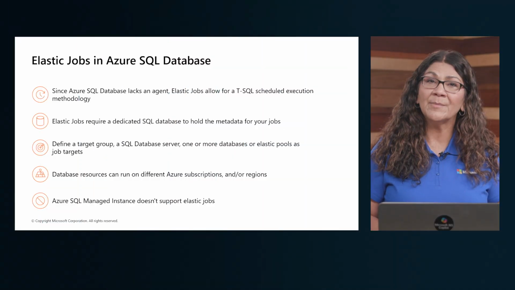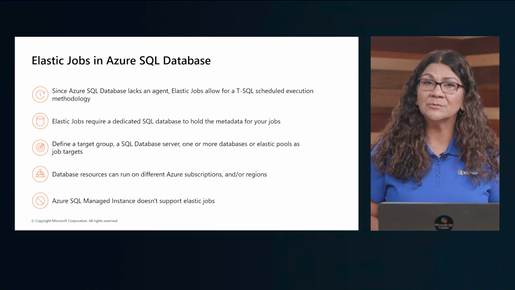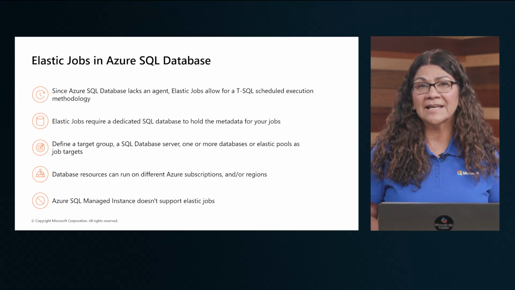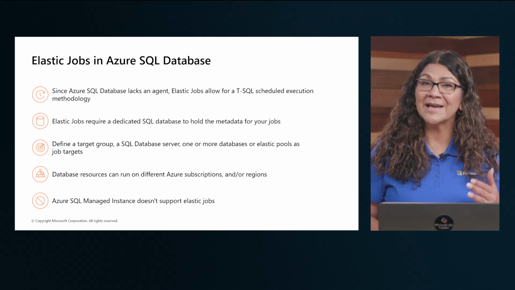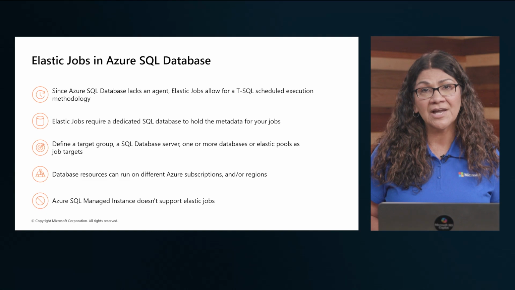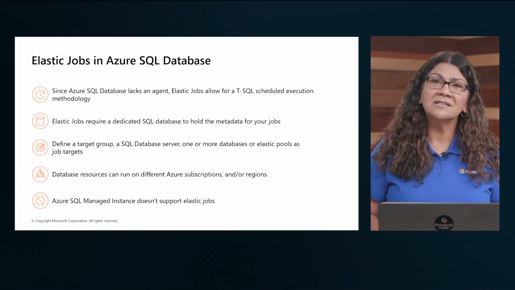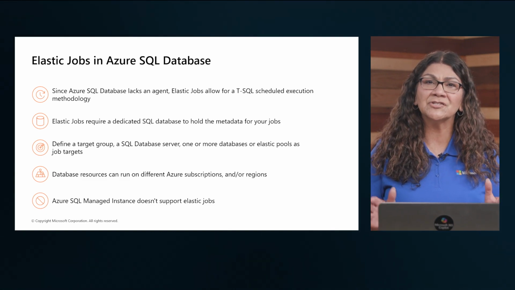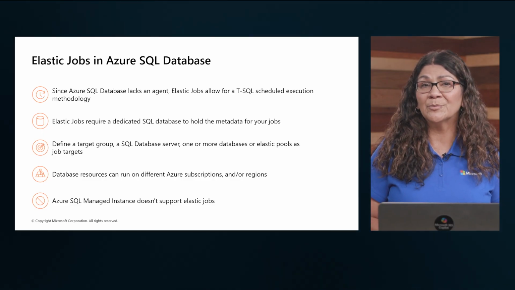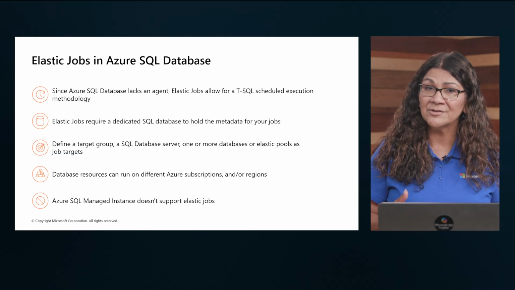While Azure SQL Managed Instance includes SQL Server Agent for job scheduling, Elastic Jobs fill the gap for Azure SQL Database by enabling tasks like index maintenance, health checks, and data synchronization. This capability became especially valuable to DBAs early on as it allowed them to automate operations that were previously manual.